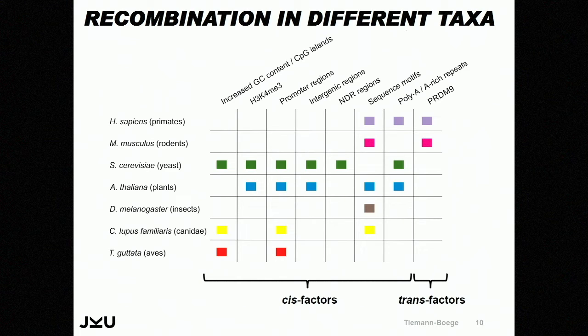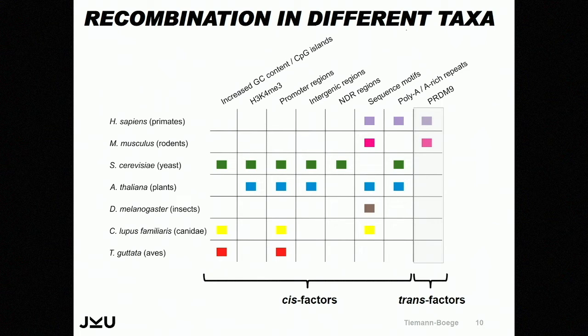So what are the factors that determine these recombination hotspots? You have heard about this trans factor PRDM9 beforehand, and this actually drives recombination in mice and humans, and we believe in a series of other mammals, but there's also a series of other species which don't have PRDM9, and we don't know what drives recombination hotspots or what places these hotspots in the species.